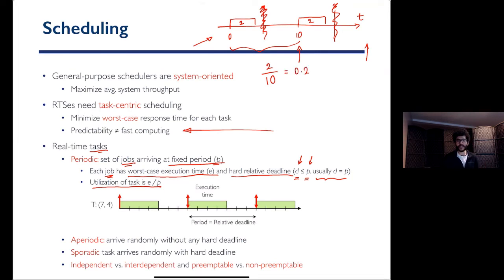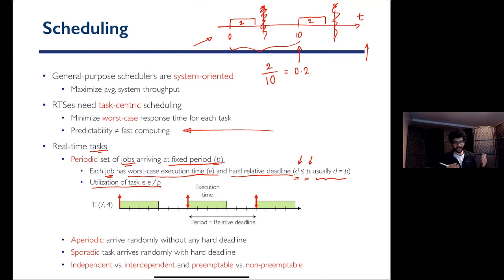So this is my utilization. Utilization is the execution time divided by the period. Now, if your utilization is 1, this means that your execution time equals your deadline.